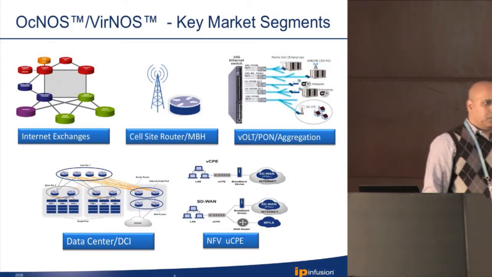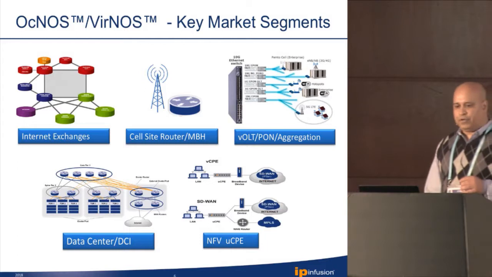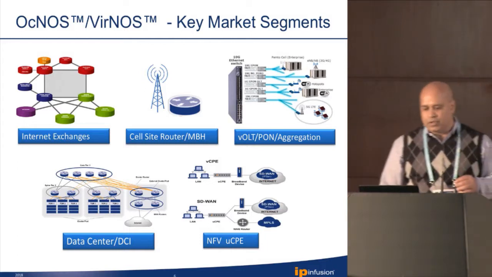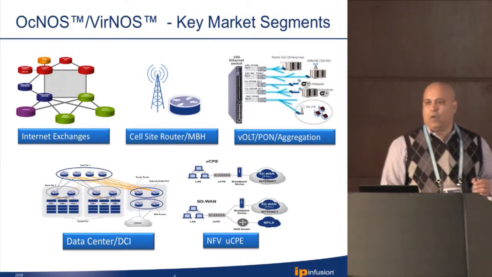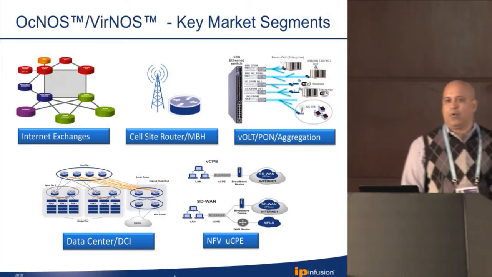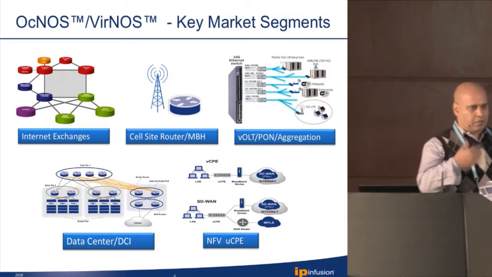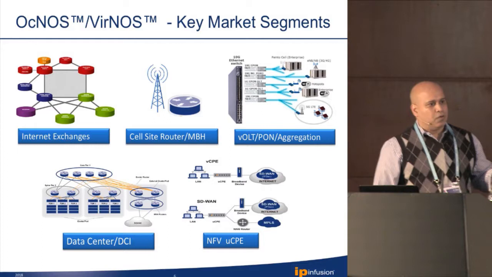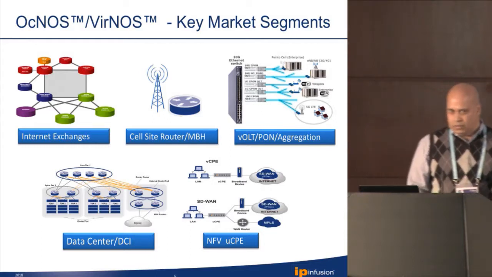OCNOS and VARNOS you could use in different network configurations, starting with internet exchanges, internet service providers, cell site routers, or mobile backhaul scenarios, or xHaul for that matter as 5G moves on. Also, we provide VOLT functions through VARNOS.